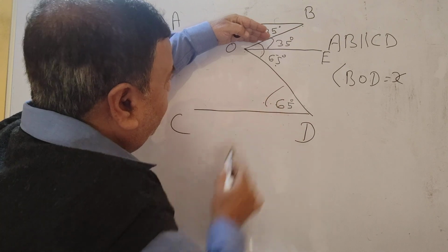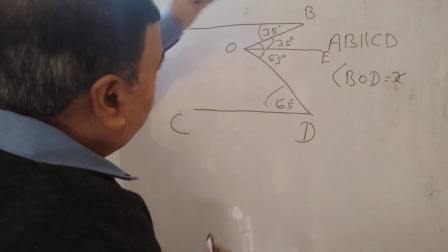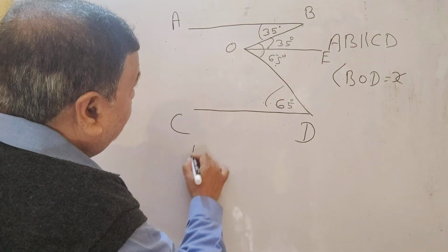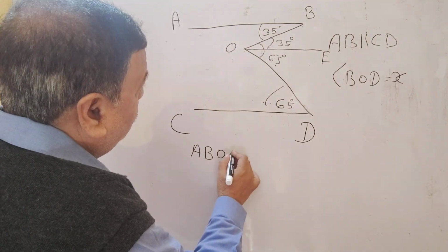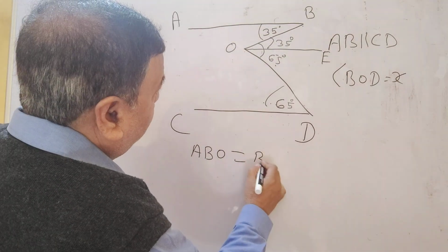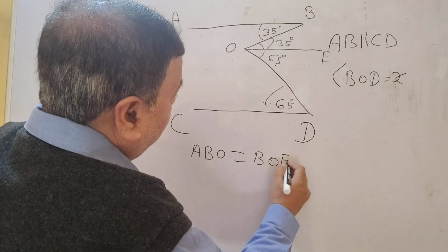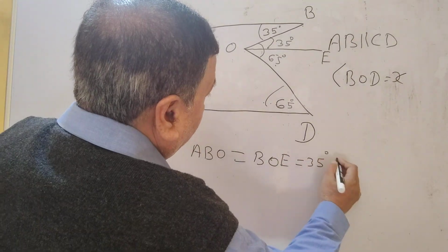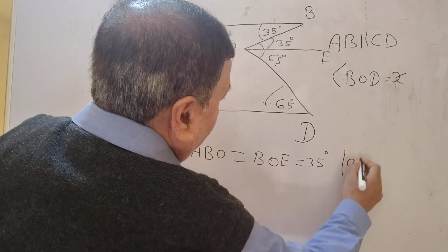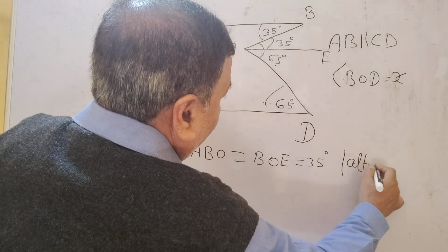Again this is alternate angle. So we can say that ABO is equal to BOE is equal to 35. Alternate angle. Both are alternate angle.